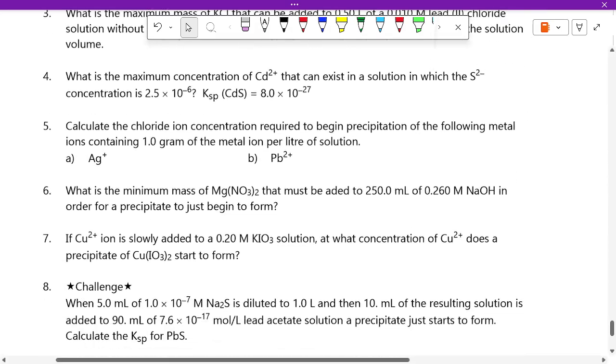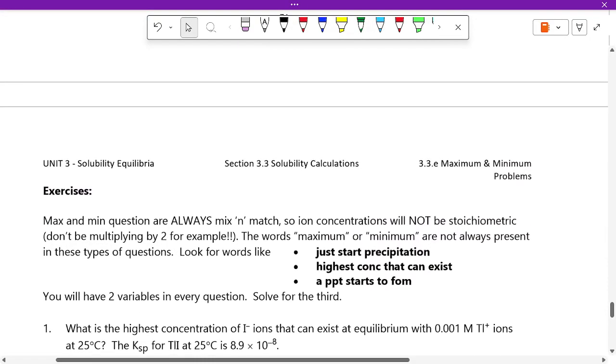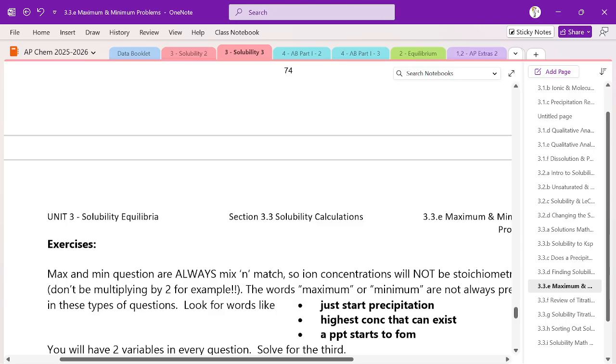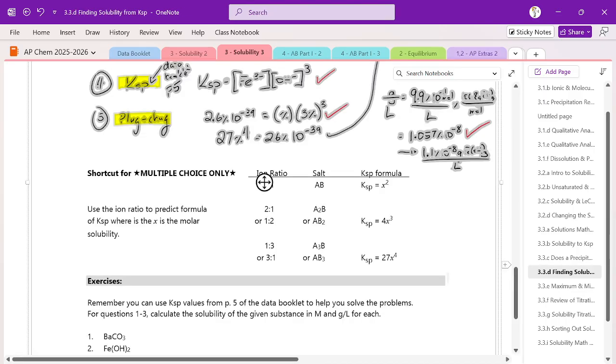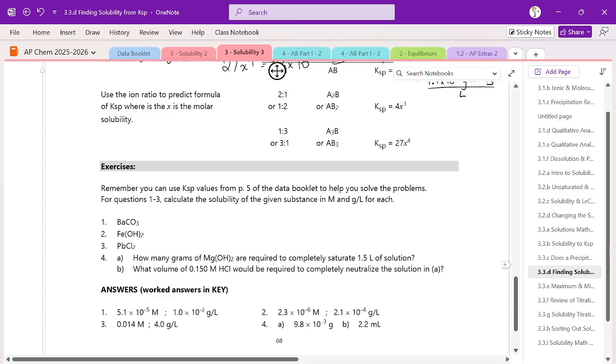So we'll do number 1 on page 75, and number 1 on page 68.